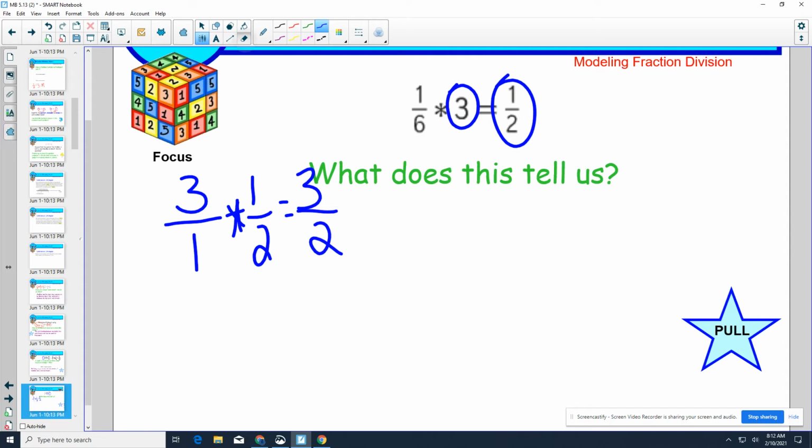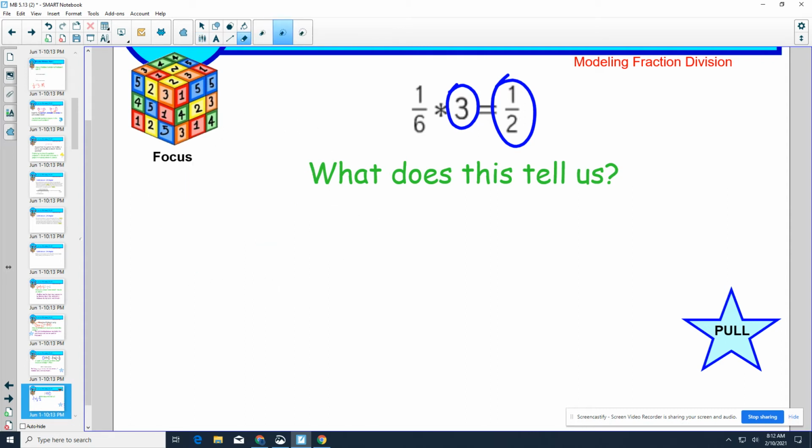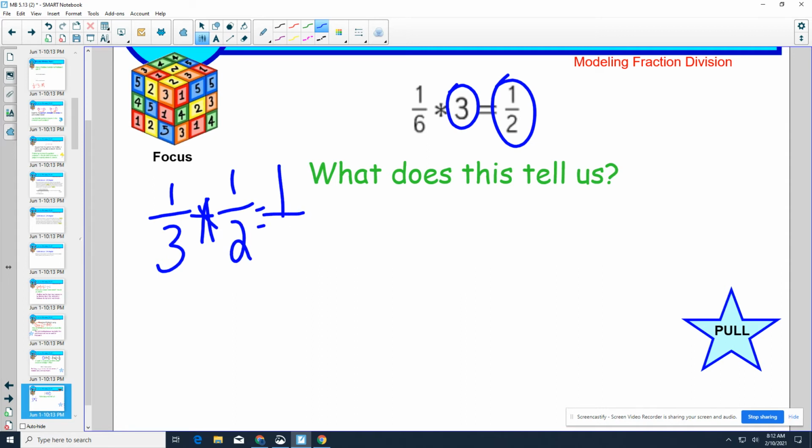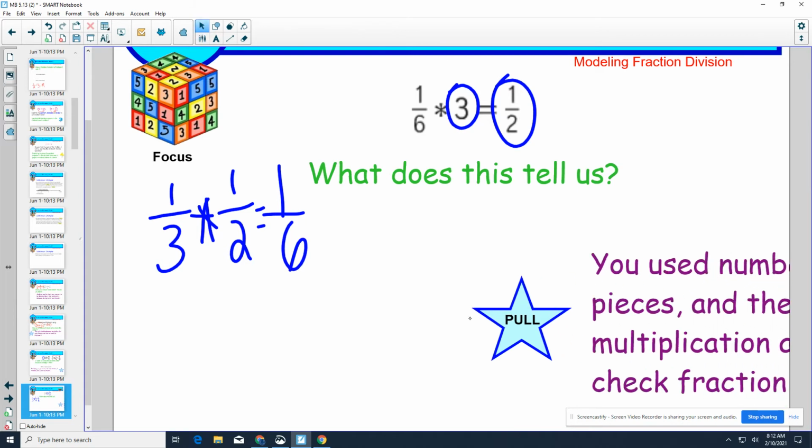I did it wrong. You actually need to do, in this case, 1/3, and you want to multiply that by 1/2, and you'll find that it equals 1/6. Okay, and so in that case, you want to multiply straight across like that to check your answer.